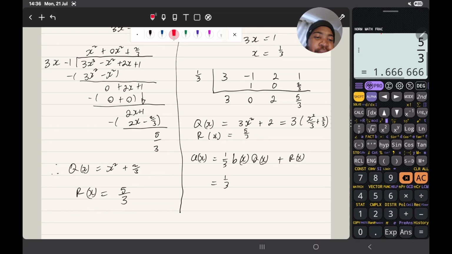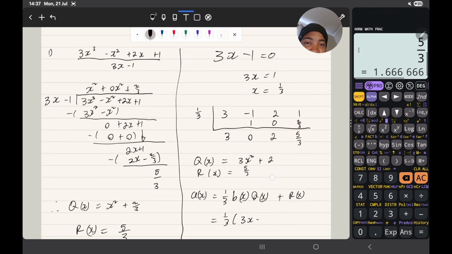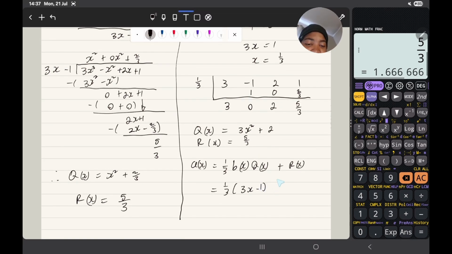Yeah, but actually this may not be necessary. So b of x, that is 3x minus 1. Q of x, 3x squared plus 2, remainder plus 5 over 3, right?